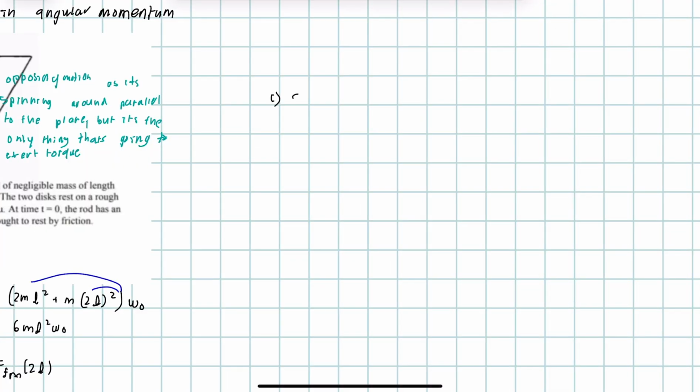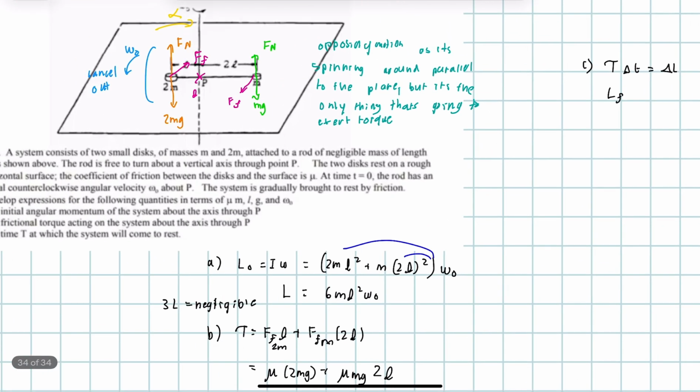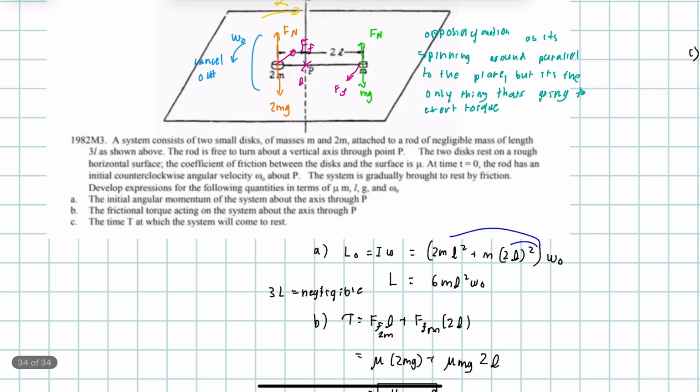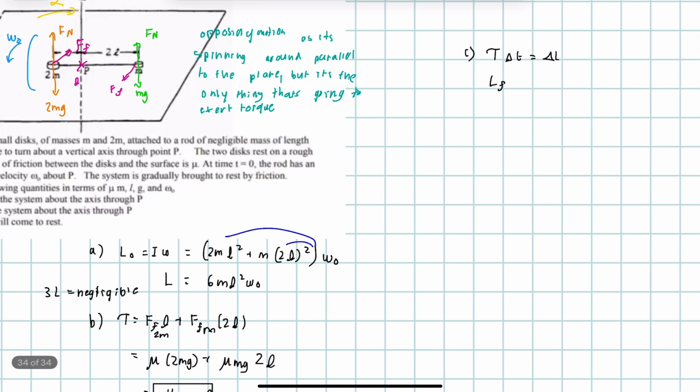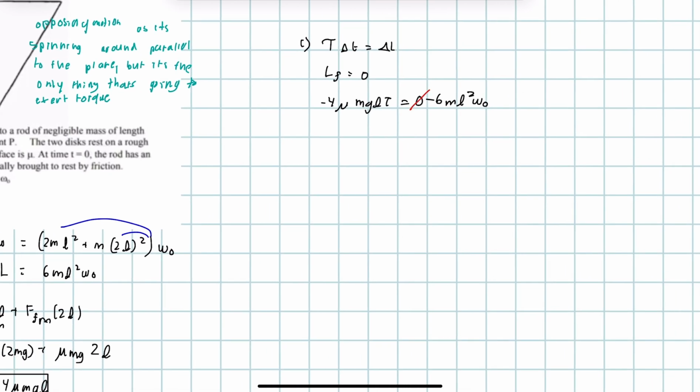Now for C, we have tau delta T is equal to delta L. And what is this? The time T at which the system will come to rest. So you have L final equal to 0. That means -4 mu mg L T is equal to 0 minus 6 ml squared W initial. So you can cancel these out.